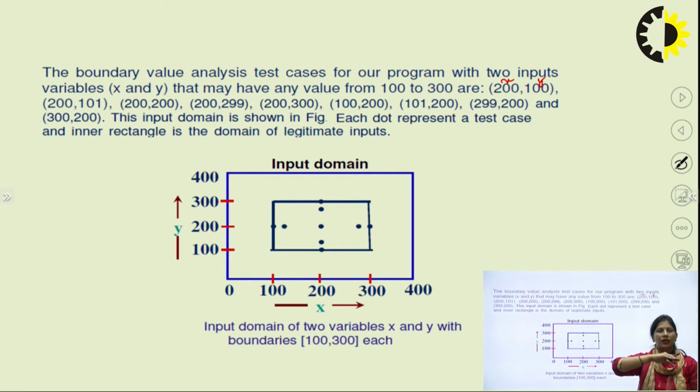Conversely, we will use the nominal value 200 for x and fix the nominal value for y, and we will change the values for x: 100, 101, 299 and 300. So this gives some representation of the input domains and which values we have to test for the inputs x and y.